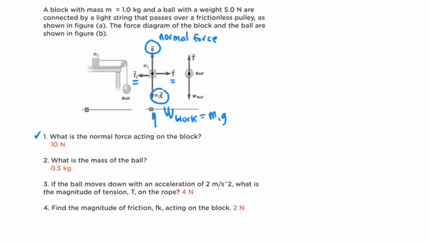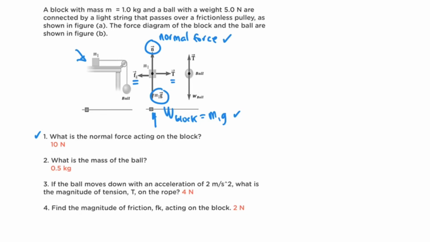So according to the free body diagram, the normal force is actually equal to that of the weight of the block. That is because we will not be able to observe this object going up or down.